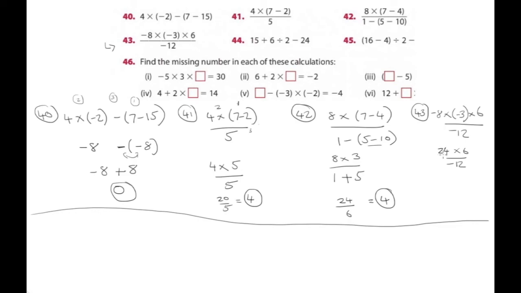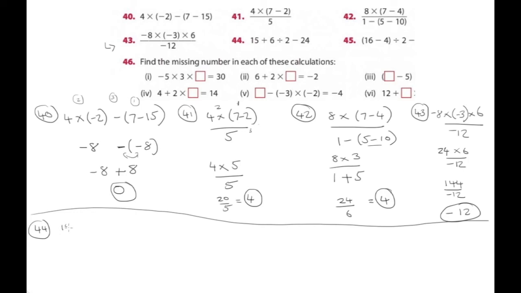And 6 by 24, 6 20s are 120, and then 4 6s are 24, so 120 plus 24 is 144. 144 divided by minus 12. 12 into 144 goes 12 times, but it's a positive number being divided by a negative number, so we're going to get a negative answer, so that's negative 12. Okay, that's 43, so 44 now.